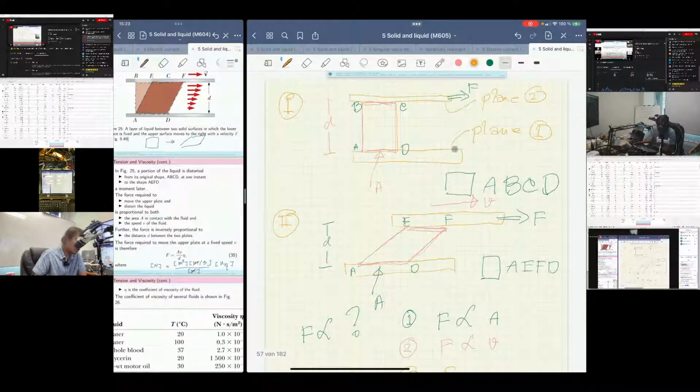would depend on the distance, okay? If you have a less gap, you need to have more F, right?